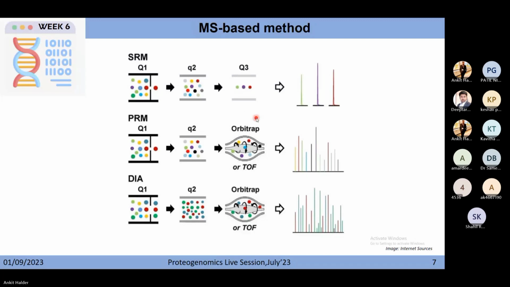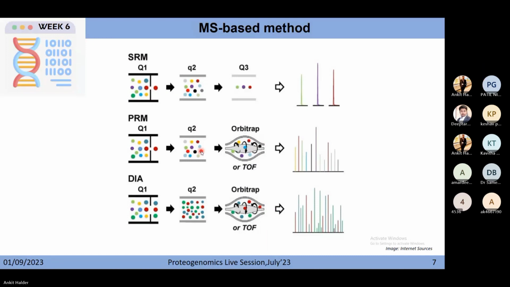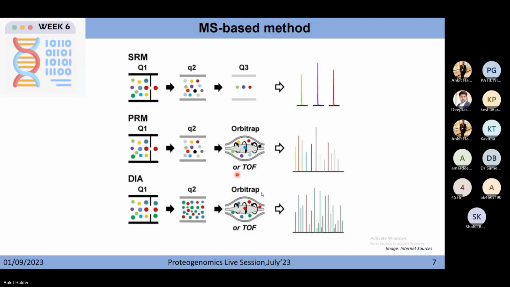I think you all remember that we had discussed time of flight, ion trap, quadrupole, and orbitrap mass analyzers. So here it is the orbitrap, and it will look at all the ions of that particular precursor that has been fragmented.